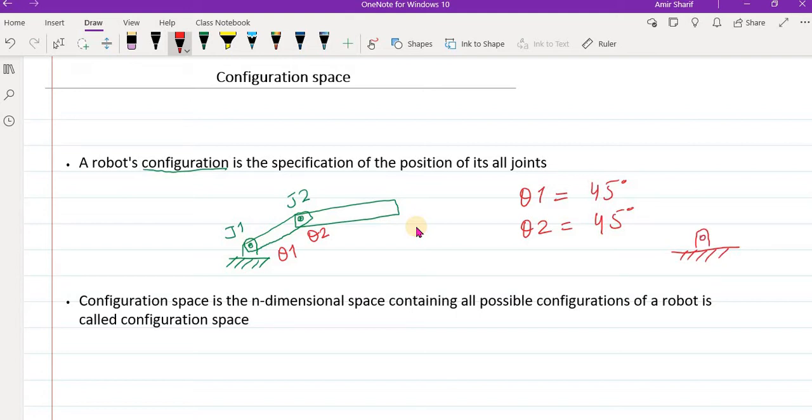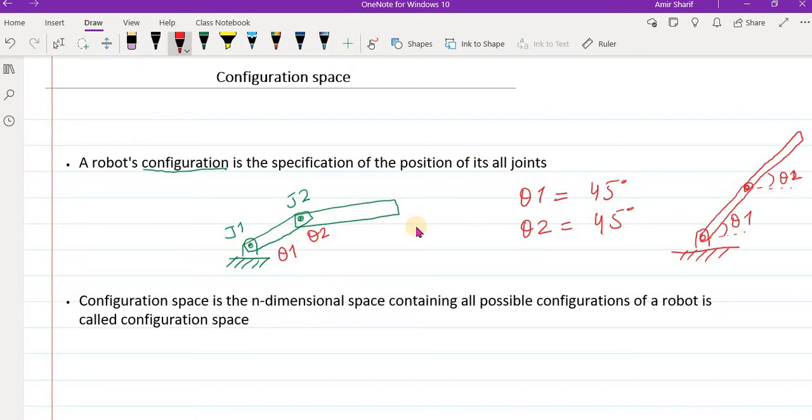For 45 and 45, the robot should have a configuration something like this. Sorry, this is theta 2 and this is theta 1. So this is one configuration of your robotic arm.